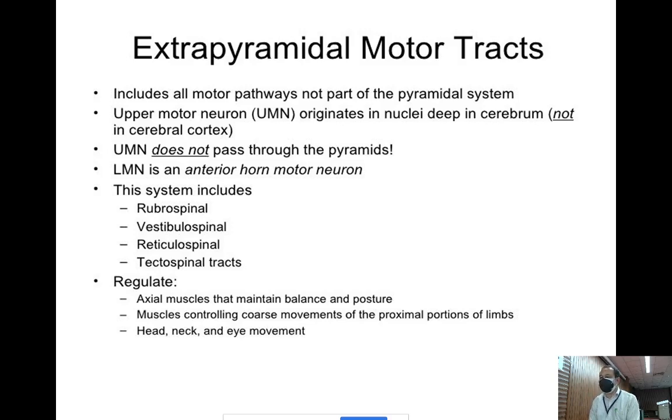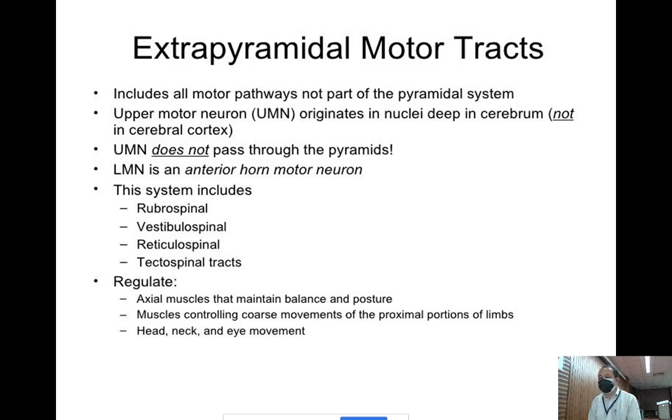On a general basis, these tracts regulate axial muscles, maintaining balance and posture, eventually maintaining equilibrium, which is important during movement. They control coarse movements of the proximal portions of the limb.